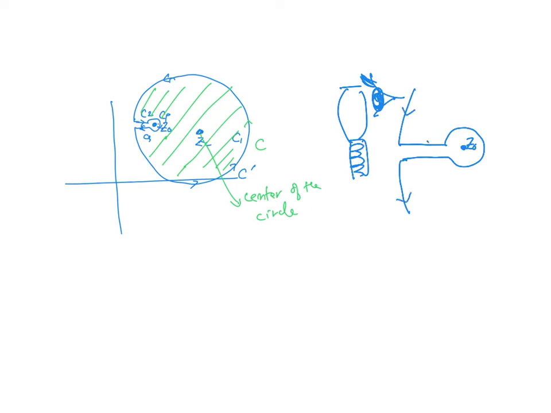Right, C2, C3, and this is epsilon. So the closed integral over C prime of (z minus z0) to the m dz, what happens?